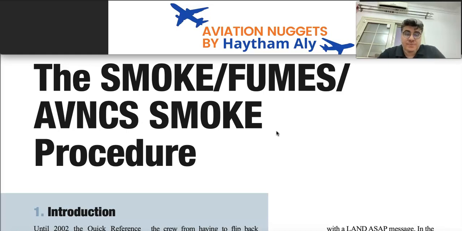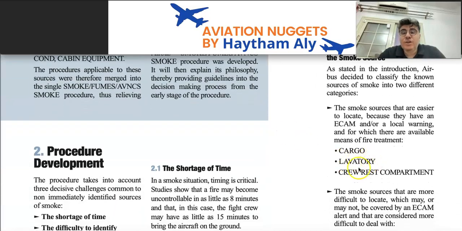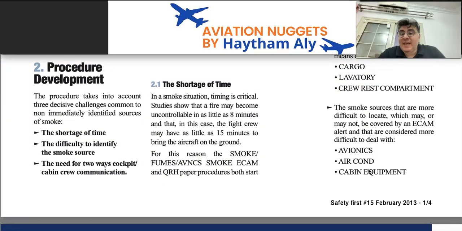Cargo smoke, and also, as you can see here, lavatory and the crew rest compartment are easy to be identified, and these locations have their own smoke procedure. But avionics, air conditioning, and the cabin equipment are all in a single procedure so as not to confuse the pilots.